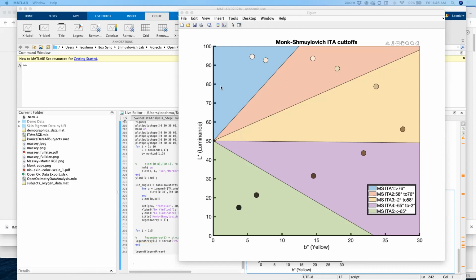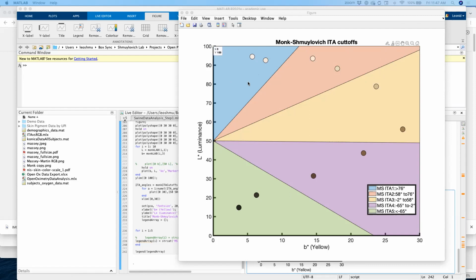The only reason to do it this way is just to equally bin people into those cutoffs, so that no single ITA bin has more than a couple of Monk scales in it. Whether the Monk scale is a true, even spread of pigment is kind of to be determined.